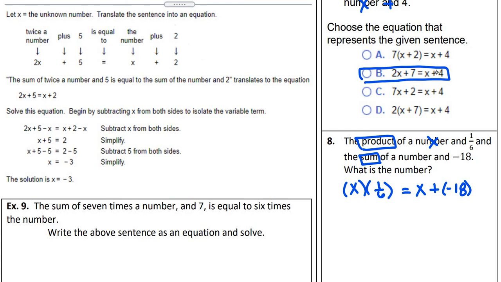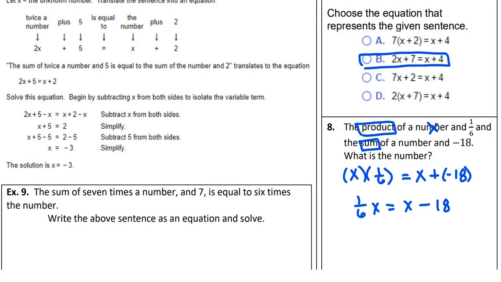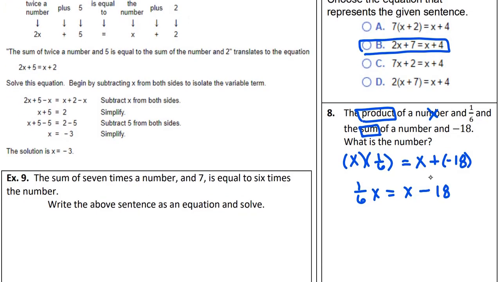Now I'm going to rewrite this and put my 1/6 in front of the x, because x times 1/6 is 1/6x equals x. Now a positive times a negative will give you a negative, so I'm going to go ahead and change this to x minus 18. Now we're going to solve this just like we would an equation.